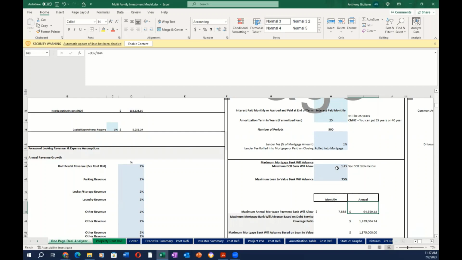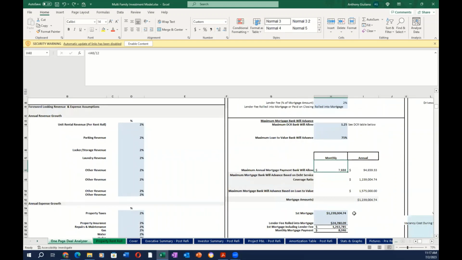Now, let's say I found a lender that will lend to me at a 1.1 debt service coverage ratio. That allows the maximum payment to increase to 107. So that's what it's doing. And then that annual payment is converted to a monthly payment.